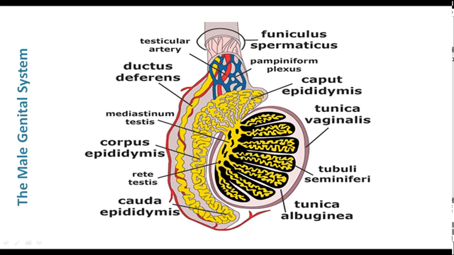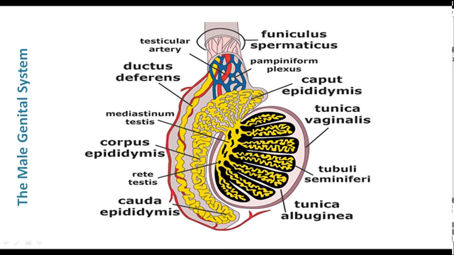Now inside these small chamber-like structures, there are a large number of seminiferous tubules. These are long tubules, not less than 1 meter in length. So they become coiled together.